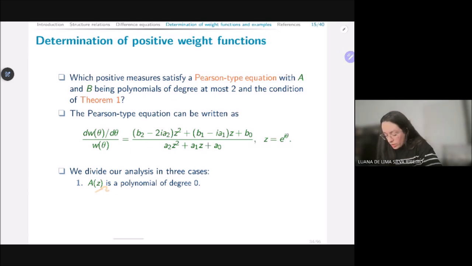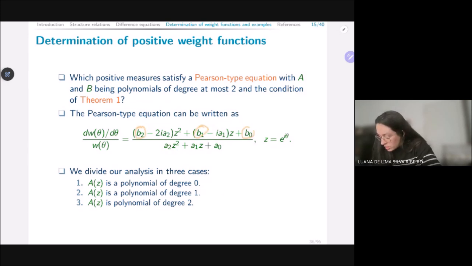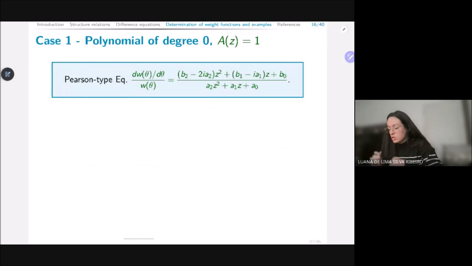The first case where A(z) is a polynomial of degree 0. The second, when A(z) is a polynomial of degree 1. And finally, when A(z) is a polynomial of degree 2. And then we are looking for all possibilities for the coefficients b2, b1, and b0 in these cases.